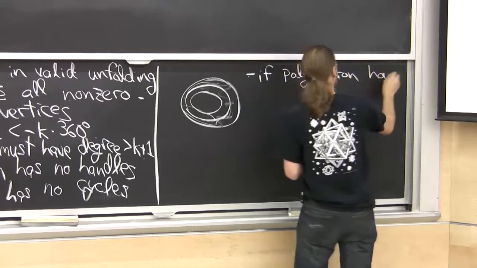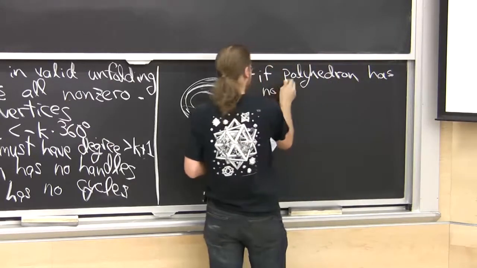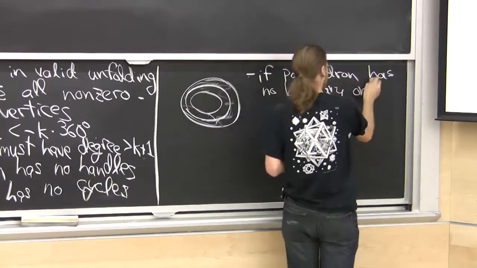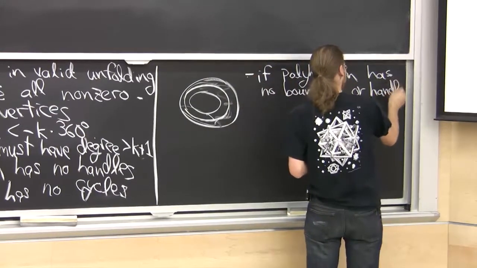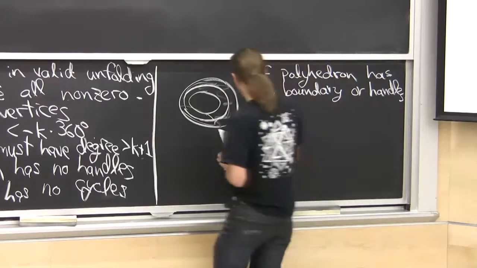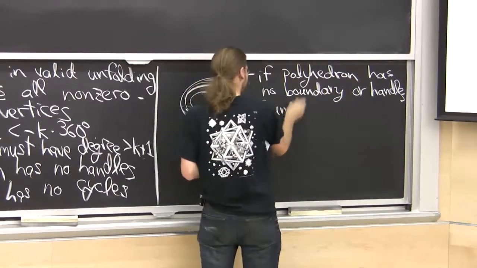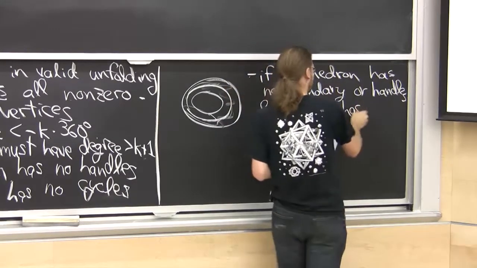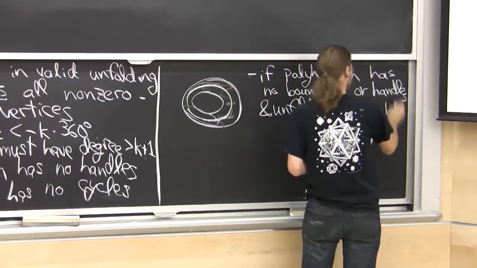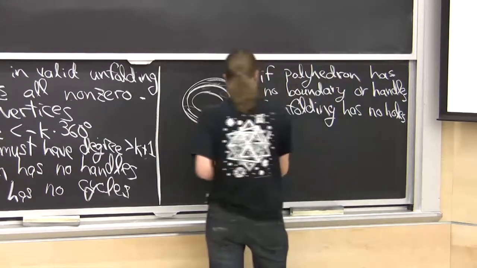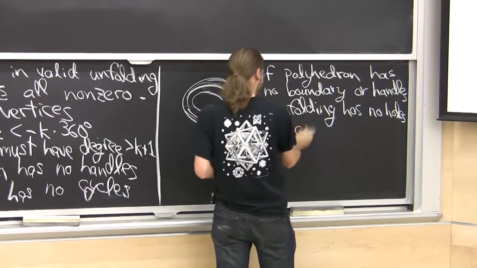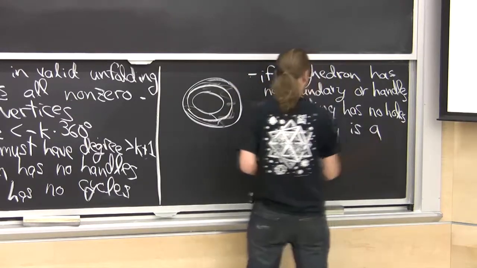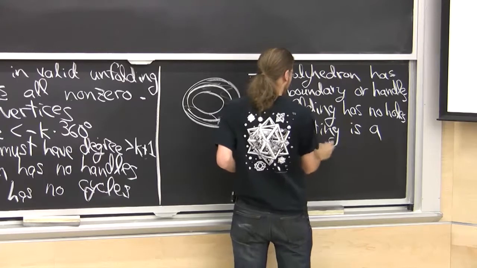So if a polyhedron has no boundary and no handles, and the unfolding has no holes, then cutting is a spanning tree.